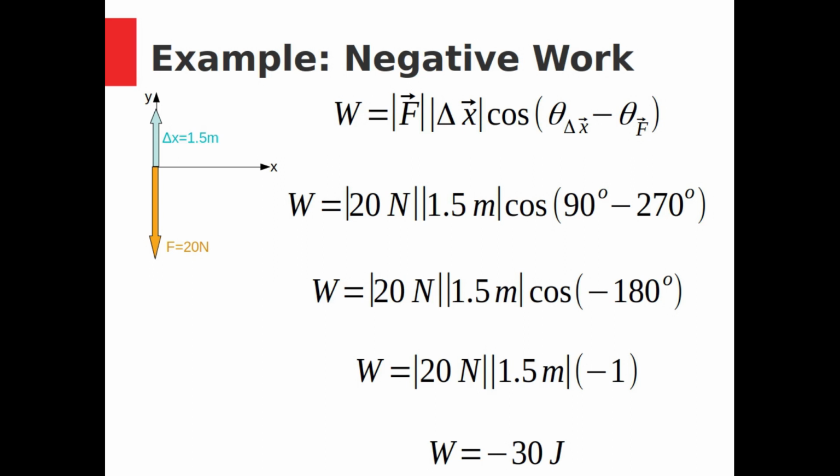The object's displacement is 1.5 meters upwards, which means that the orientation of this vector is 90 degrees. Substituting the values into the equation for weight, we end up taking the cosine of negative 180 degrees, which is negative 1. So the work done by the weight force is negative. A negative work always occurs when the force acting on an object points opposite the direction of motion.